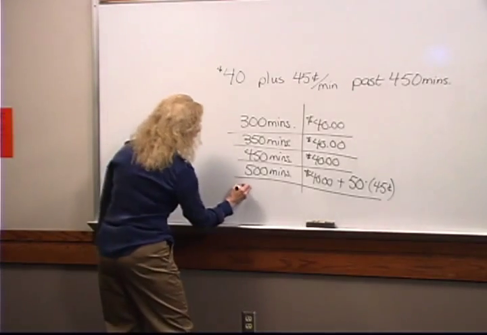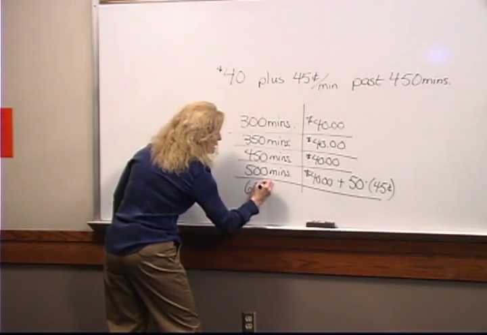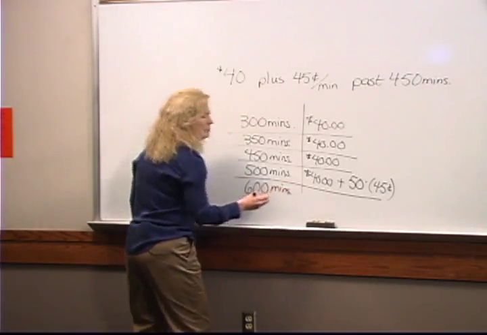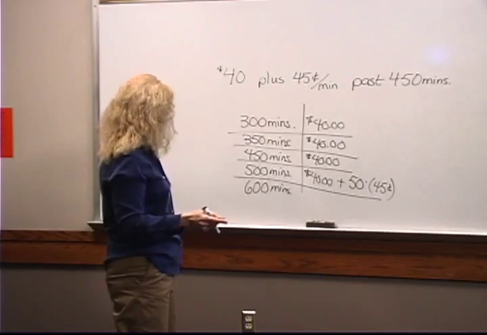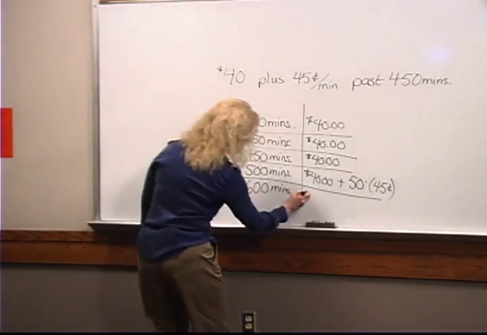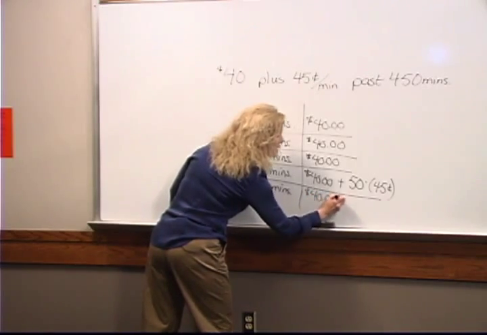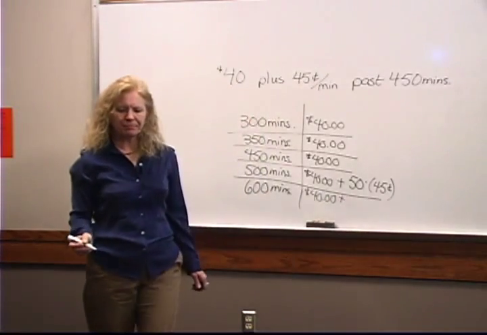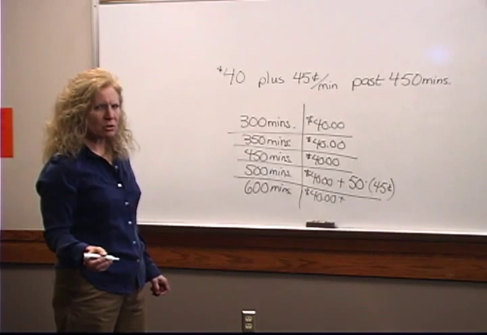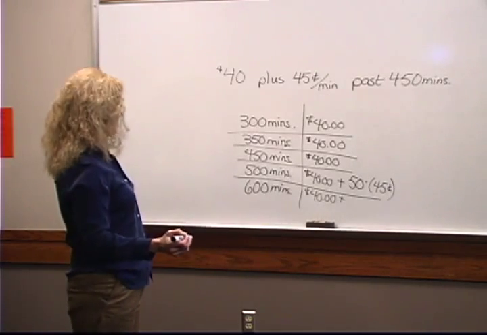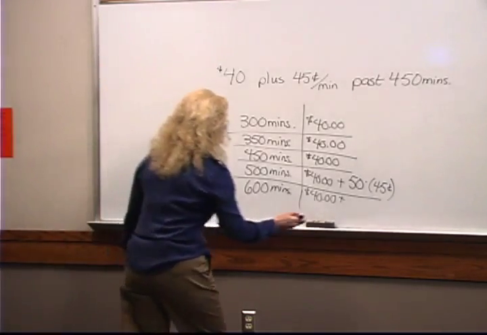So what if you had 600 minutes? How would you figure that out? Well, you have to pay the basic $40. And then you're going to have, how many extra? 150, yeah?